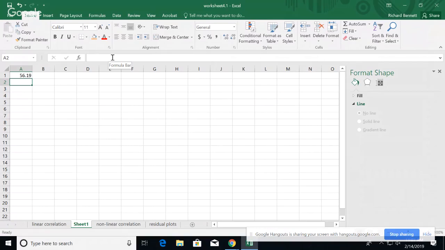Now the question is, what if the humerus is 70 centimeters? How long is the femur? How would you do that, Shire?